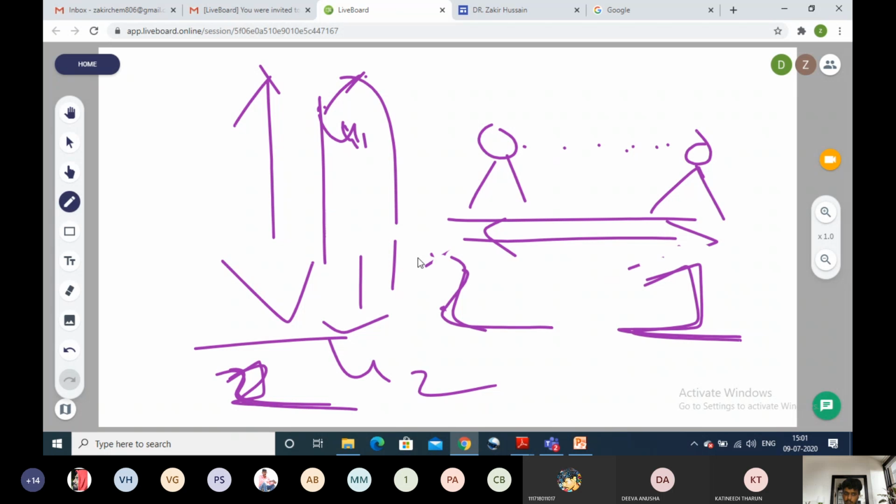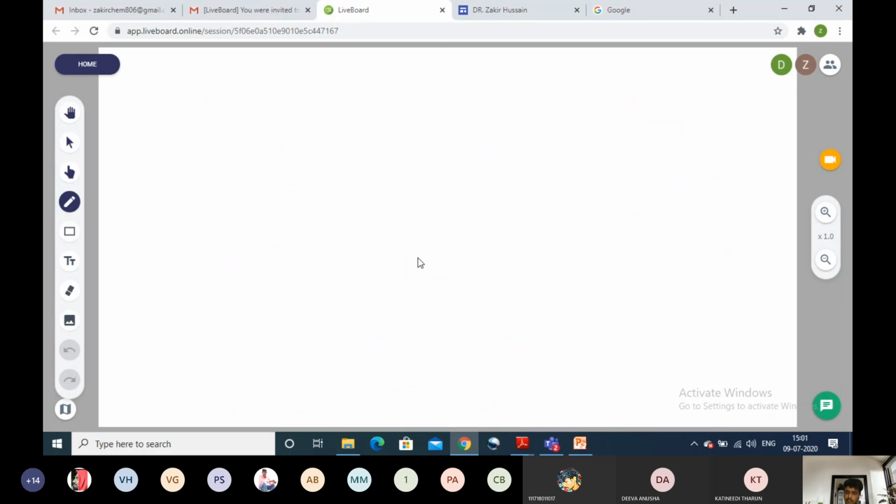The rocket has to reach from initial point 2 to final point 1. So how much distance it has traveled is nothing but the measurement of distance that the particular rocket or this particular person has traveled, which is denoted by S. Okay, S means the distance traveled by that particular rocket or a particular person.